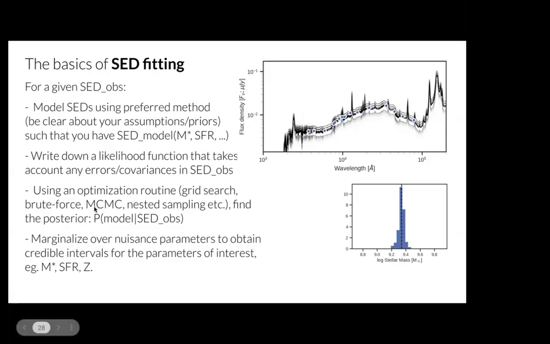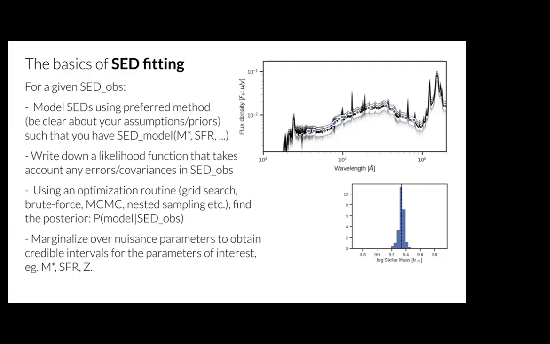Or you can do something like Markov chain Monte Carlo, where you randomly sample the space and have some criteria for what the next sample should be, and you keep doing it until you've sampled this area of good likelihood, to know not just what the best individual point is, but how uncertain you are about that.